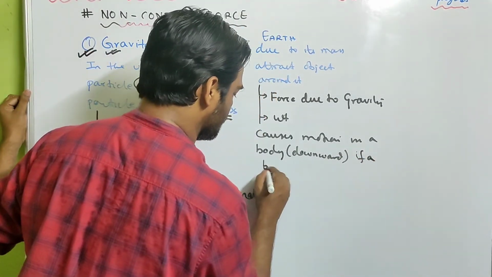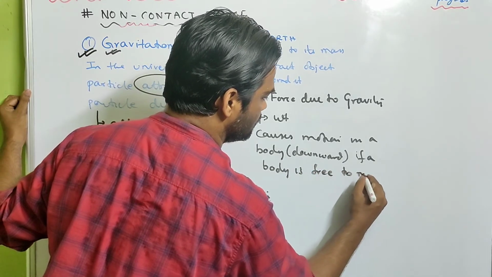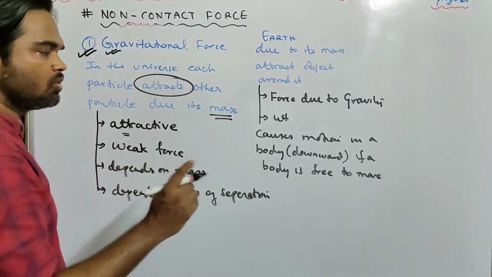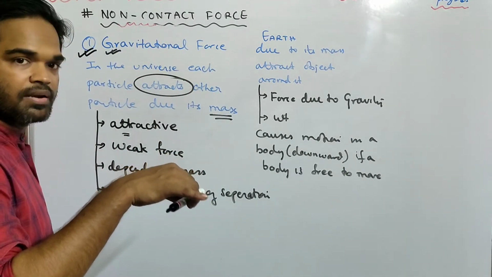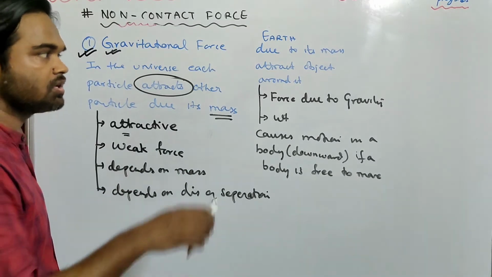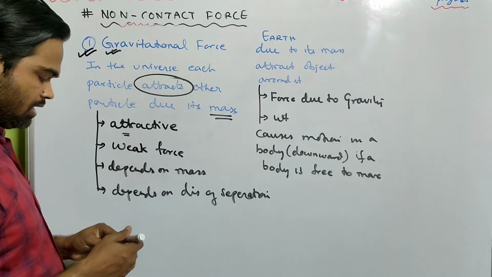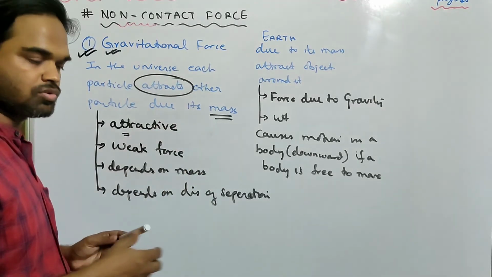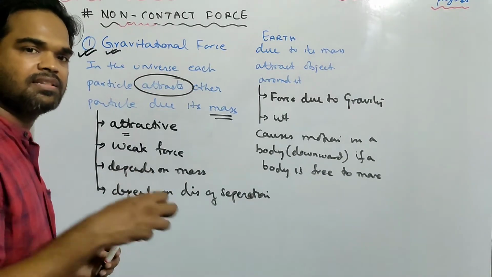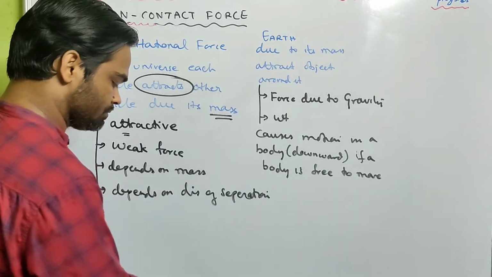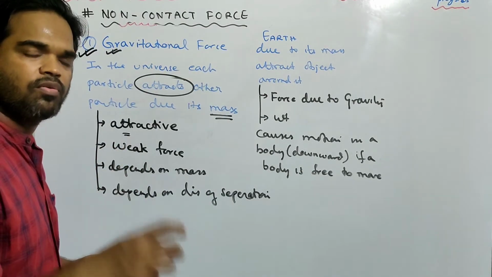If a body is free to move, it is due to this force of gravity that if I leave this pen, it falls downward because the earth attracts this body. Now you can say that the earth attracts the body, so the body goes towards the earth. But the body is also attracting the earth. But there's no motion on the earth. The earth does not move. Why?